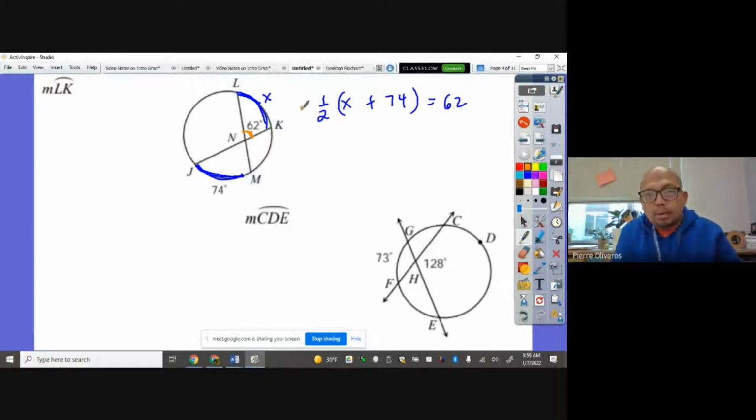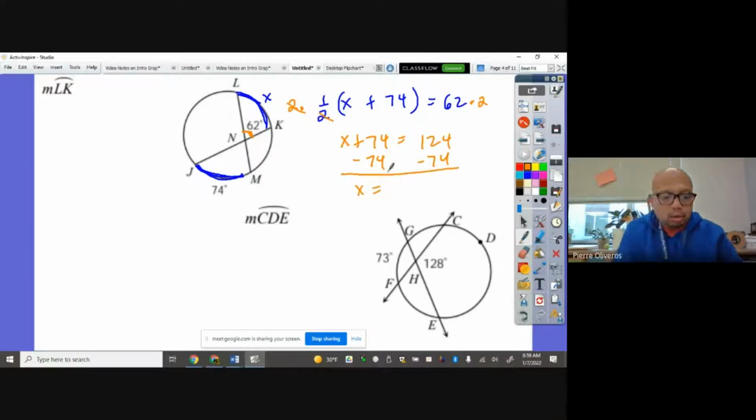We multiply everything by 2 to cancel the one half and the 2 there. So that will give us x plus 74 equals 62 times 2, which is 124. Minus 74 here, minus 74 there. That gives us x equal to 124 minus 74, which is 50. So arc LK is 50. Easy, right?